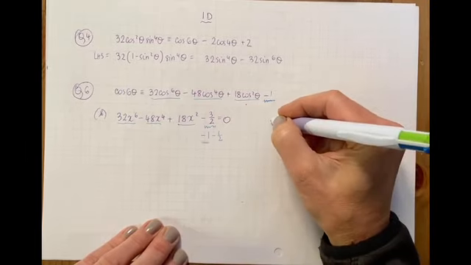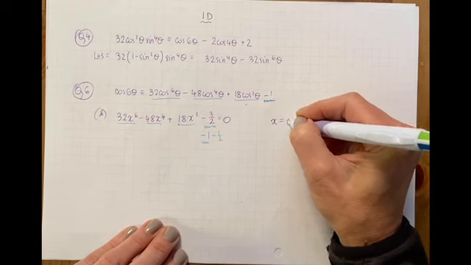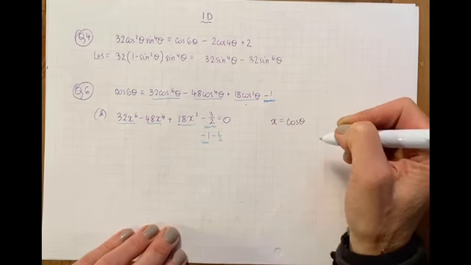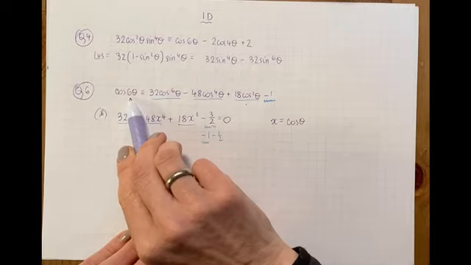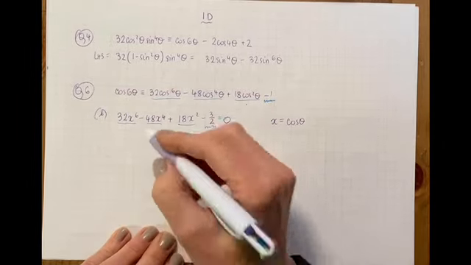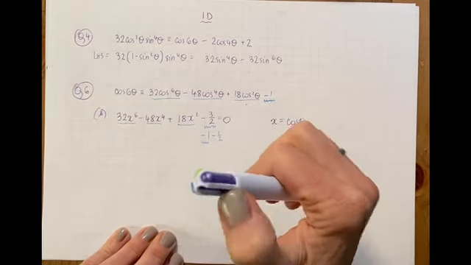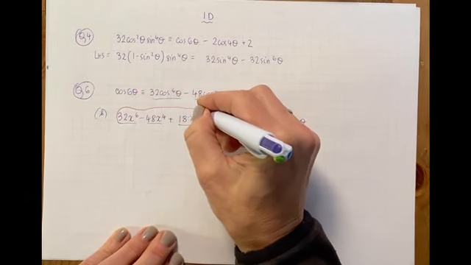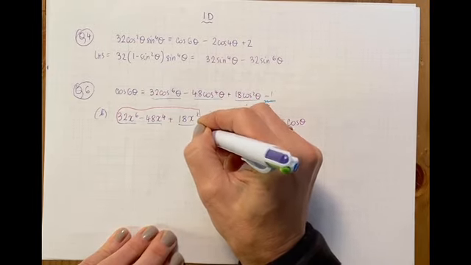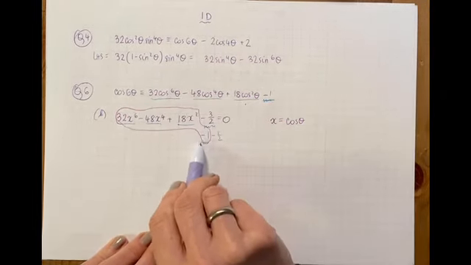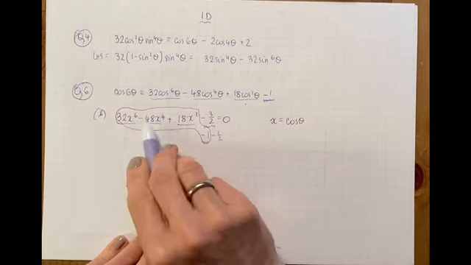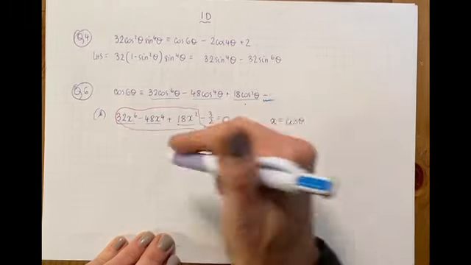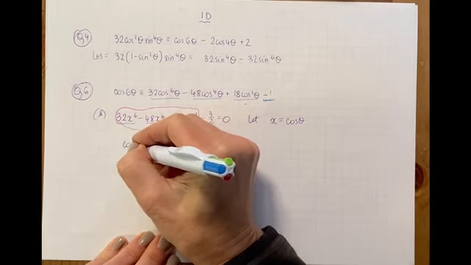So that should make you realize that you can actually use the x equals cos theta replacement to write this in terms of cos 6 theta, because if I replace the bits, 32x to the power of 6 minus 48x to the power of 4 plus 18x squared minus 1, if I replace each x with cos theta, I am going to get cos 6 theta.